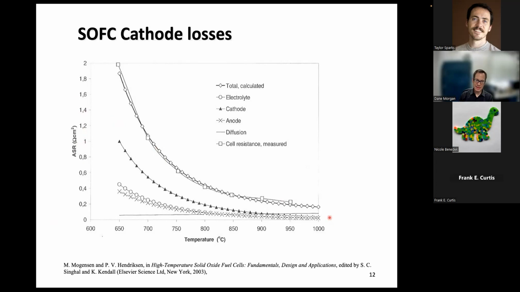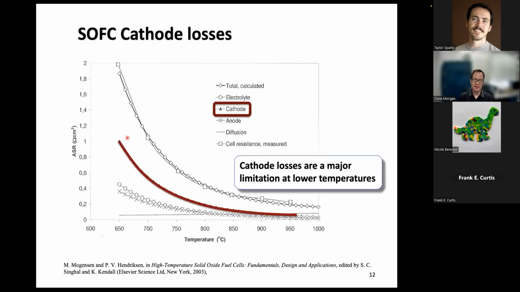And what happens is as you cool down a fuel cell, the resistance or the inefficiency due to each of its components tend to go up. And in particular, you get an exponential increase in losses at one of the key components, which is the cathode of the fuel cell. And this is due to the fact that it has to drive a pretty complicated chemical reaction of splitting oxygen. And as you go to lower temperatures, that gets very inefficient.